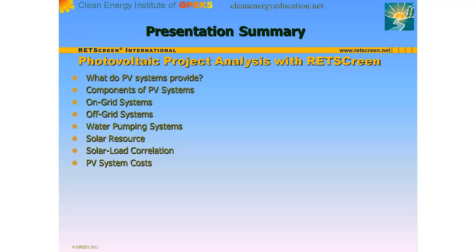Since one of the main goals of RETScreen analysis is to find out the economics of PV systems, we will of course discuss PV system and energy costs. Besides energy and equipment cost, there are many considerations that may affect the viability of a PV project, and we will introduce some of the traditional considerations.